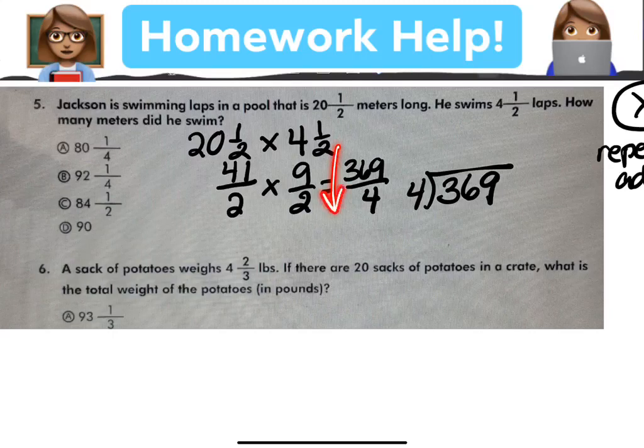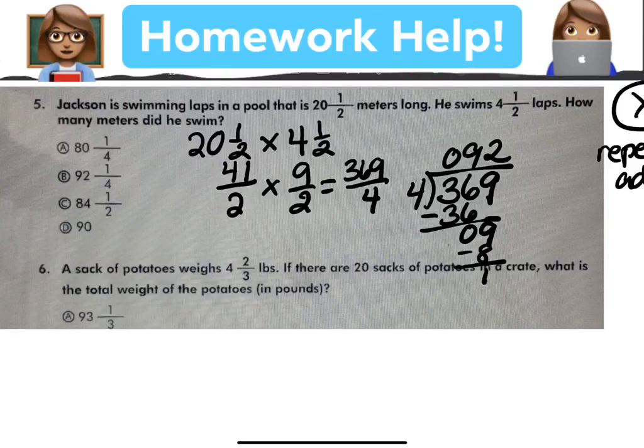You could also have kids say it from top to bottom: 369 is being divided by 4, if that really helps. Now I just do my regular division, which should be okay at this age. They end up with a remainder of 1, but they don't write remainder as 1. They write 1 out of 4, because they need 4 to make the whole thing. And you can see that that answer is right here.